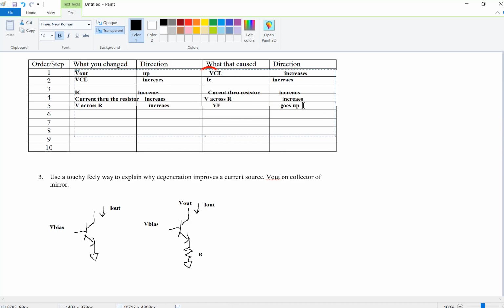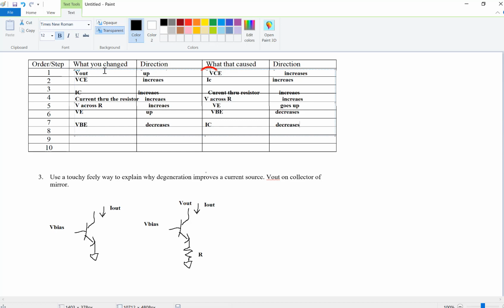Then VE goes up, and then VBE decreases, and if VBE decreases, then IC decreases.